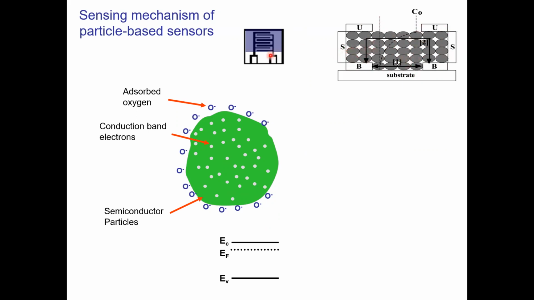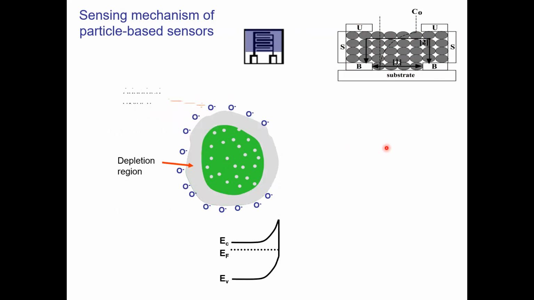So basically in your coating, you have this particle-particle contact. So I'm going to show one of these interparticle contacts. You have this oxide particle to the left. What happens is from the ambient, oxygen will chemisorb on the surface of that particle.